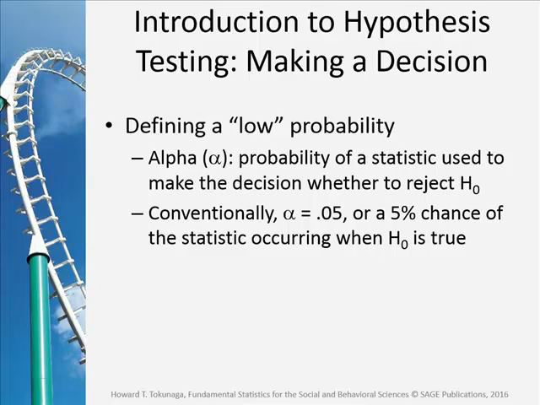So we're going to set our decision rule really, really small. And in the social sciences, we actually kind of agree about this. The number that you set your decision rule at, where you're going to reject the null hypothesis, is called alpha. Don't ask me why, I don't really know. And we set alpha to be 5%.